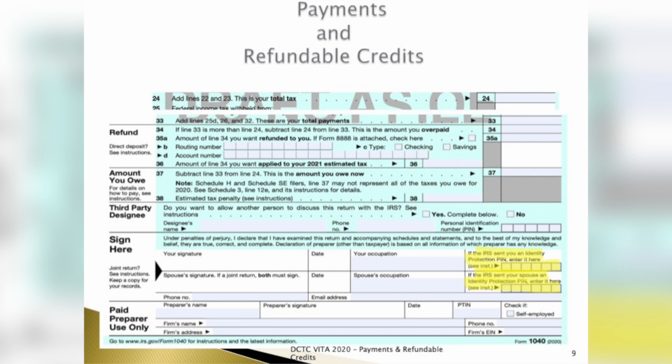Line 35 represents the refund amount. The taxpayer can receive their entire refund as a lump sum amount, or they may choose to split their refund into 3 separate banking accounts, or choose to even purchase savings bonds. If the taxpayer chooses to split their refund, another Form 8888 will need to be completed.